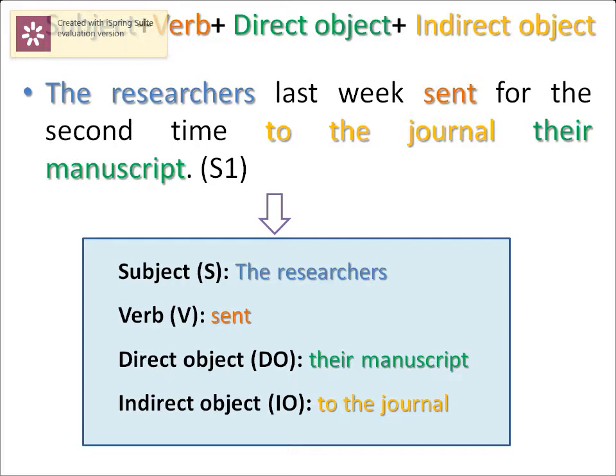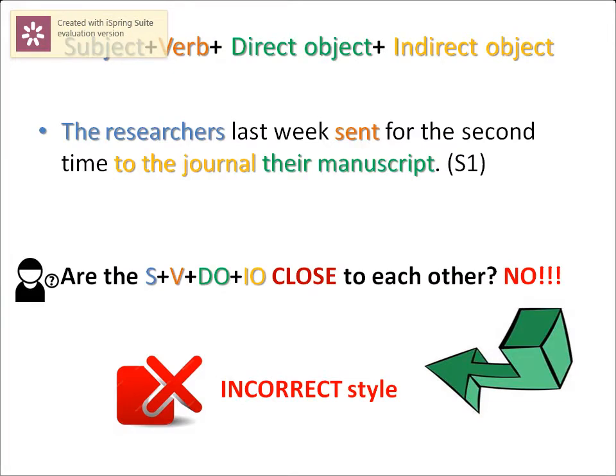To the journal is the indirect object. Therefore we have the basic order, subject plus verb plus direct object plus indirect object. To know if your sentence is correct, we should analyze it. Usually, we write similar incorrect sentences when we are not English native speakers and without an advanced level in English.